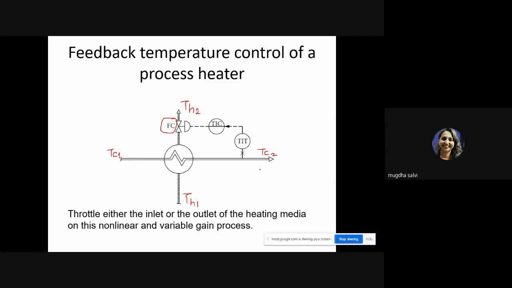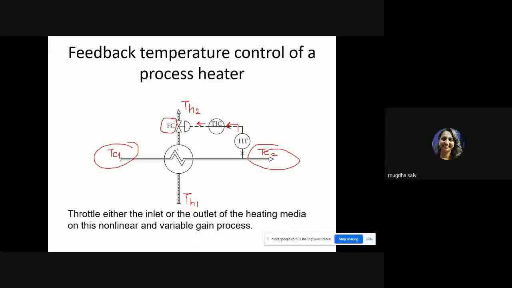What happens is, if the temperature at this particular point TC1 changes, then automatically TC2 will be affected if this flow is at the same rate. So the moment there is a change in TC2, there will be a signal coming here. The error will change, hence the valve opening will change.